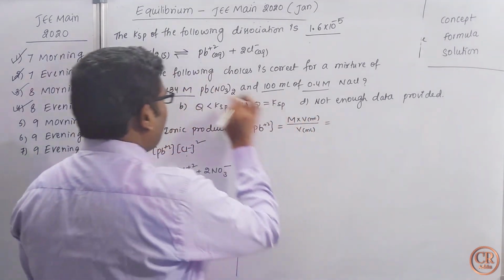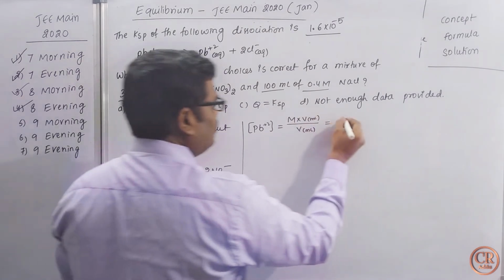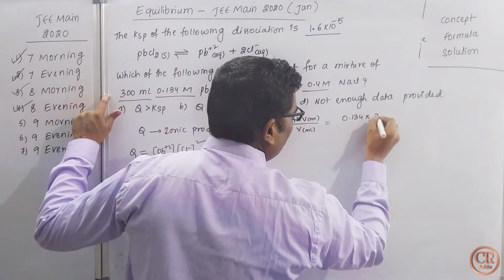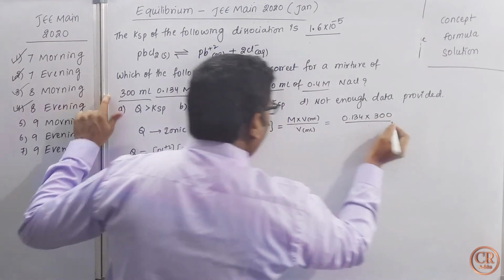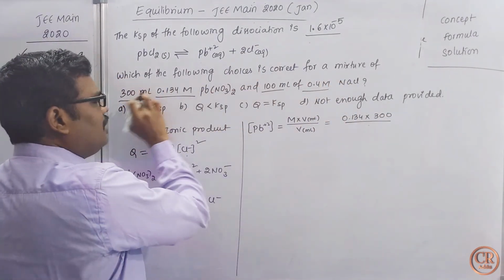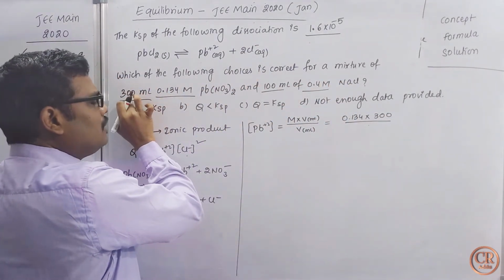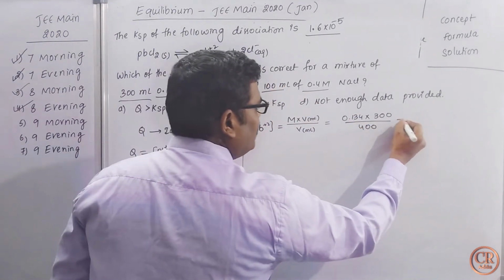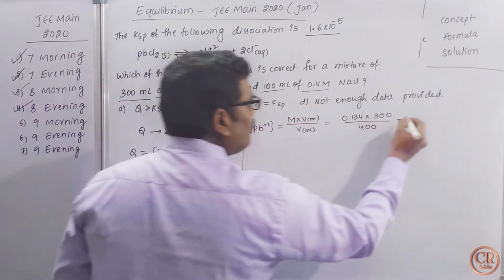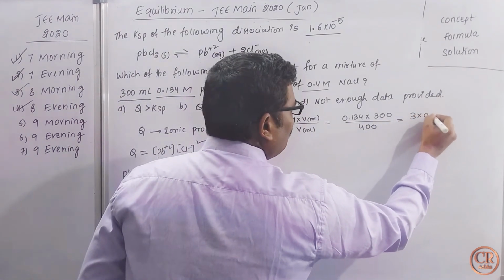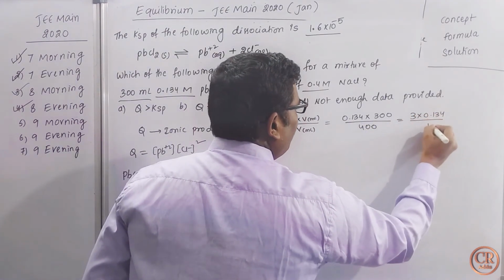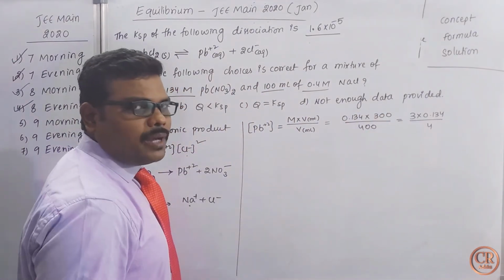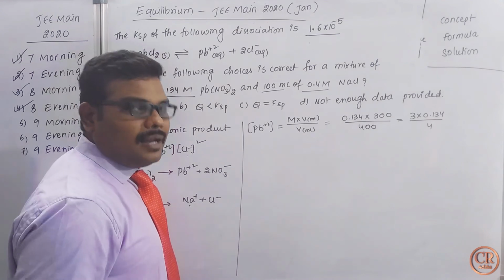Now molarity of lead nitrate given is 0.134, into its volume initially 300, by the total volume after mixing NaCl and lead nitrate, 300 plus 100, total 400. This is equal to 3 into 0.134 by 4. This is the concentration of lead ion.